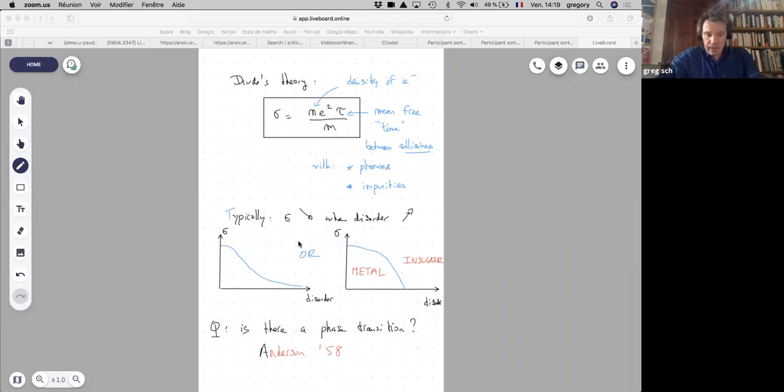It's fair to say that since then, this question, which is nowadays known under the name of localization, we will understand more why and what it means, has been the subject of a huge amount of papers and studies, both theoretically and experimentally, as you can imagine, but also in mathematics. Okay, this has been really a central question at the interface between probability and theoretical physics, and this is actually still quite a lively subject.